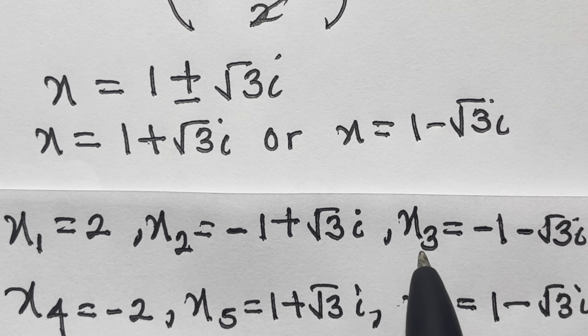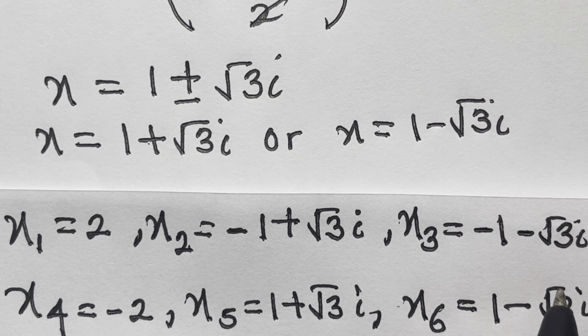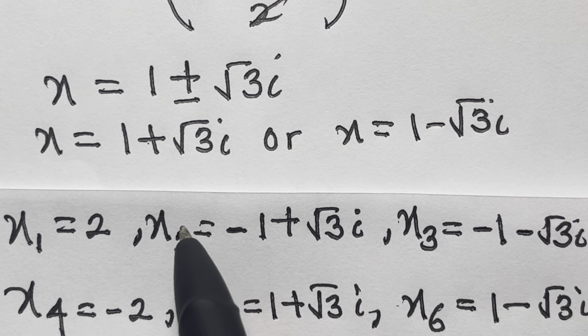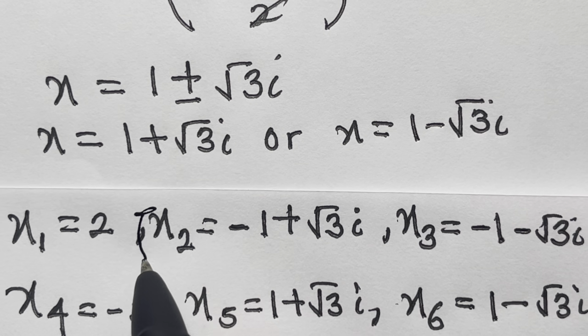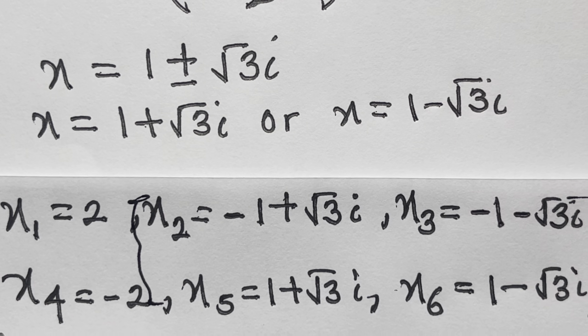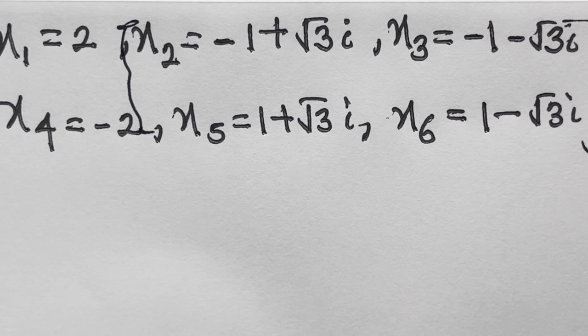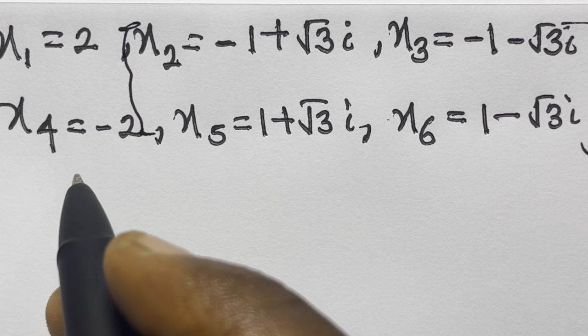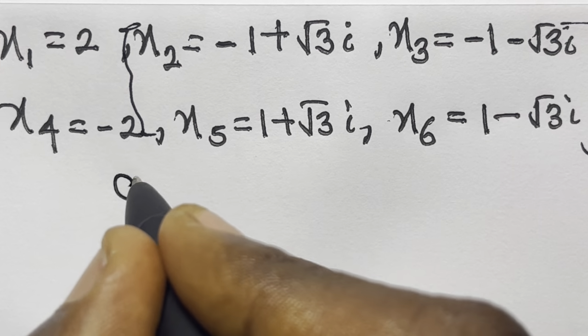So we are going to have 6 solutions, and that's why we have it here. But if you look at this from here to here, you observe that these are complex solutions. So the only real solutions we have here are x equal to 2 and x equal to minus 2. So we can easily check that.